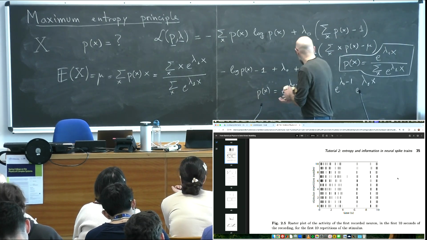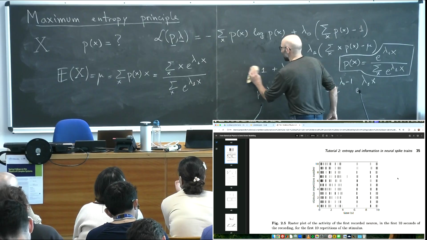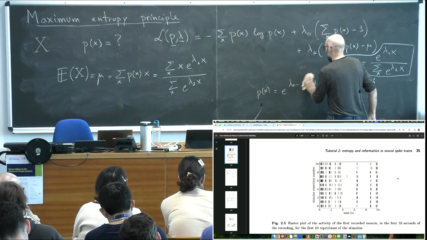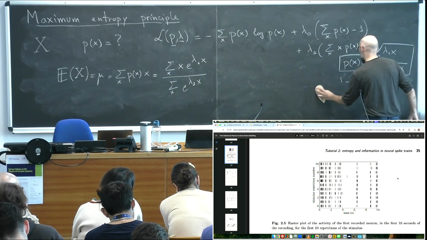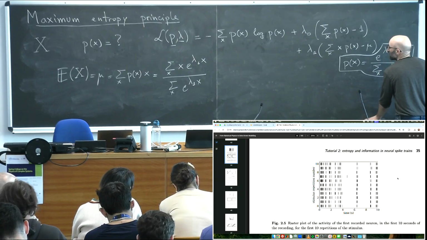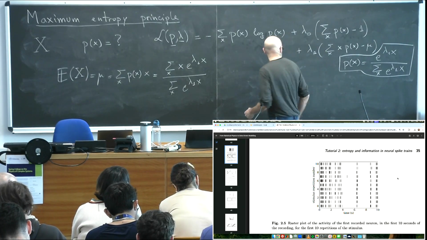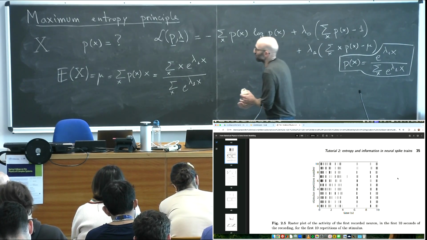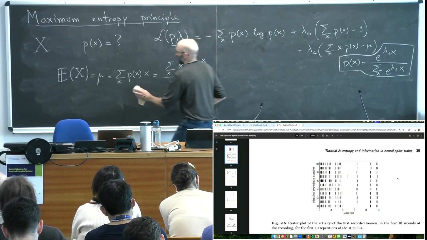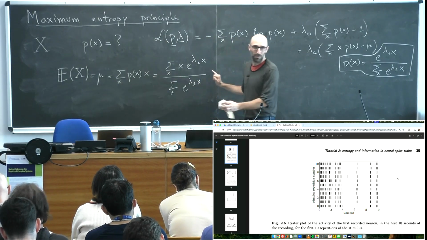Now, you can generalize this idea to more complicated constraints. So if you have, okay, maybe I will rewrite it from scratch. Is it clear up to this point for everyone? Okay.